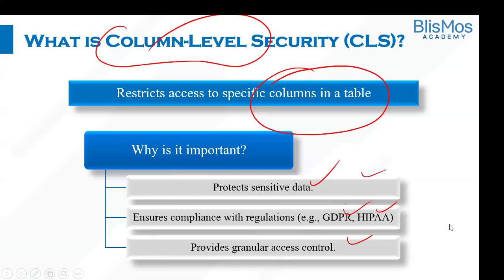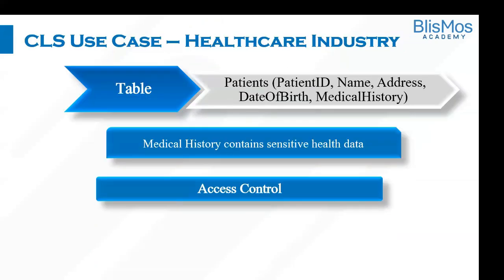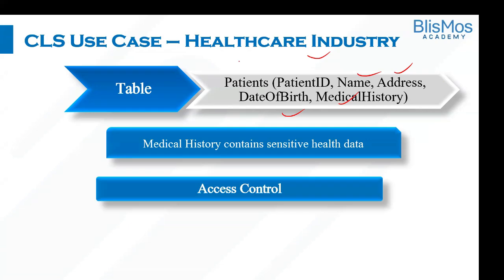Based on the compliance regulations of a country, you also have to maintain the security level and provide granular access level control. In the healthcare industry, let us say you have patient ID, name, address, date of birth, and medical history. All the people need not know all the sensitive information.